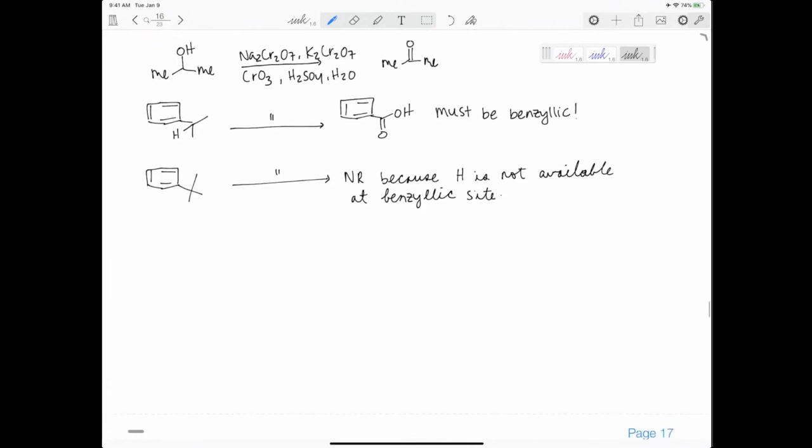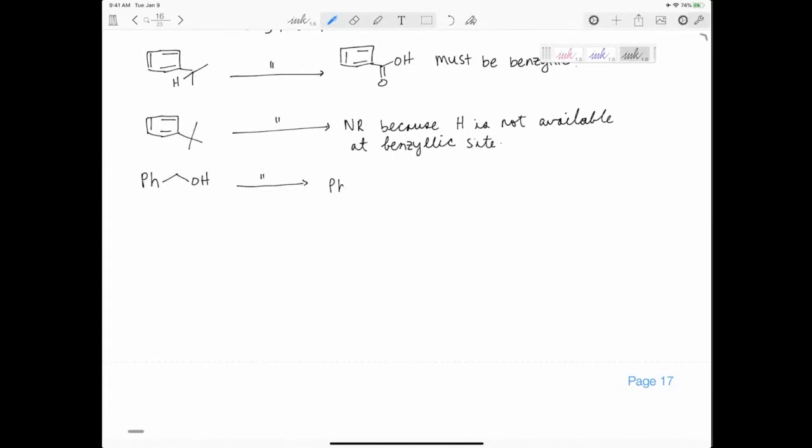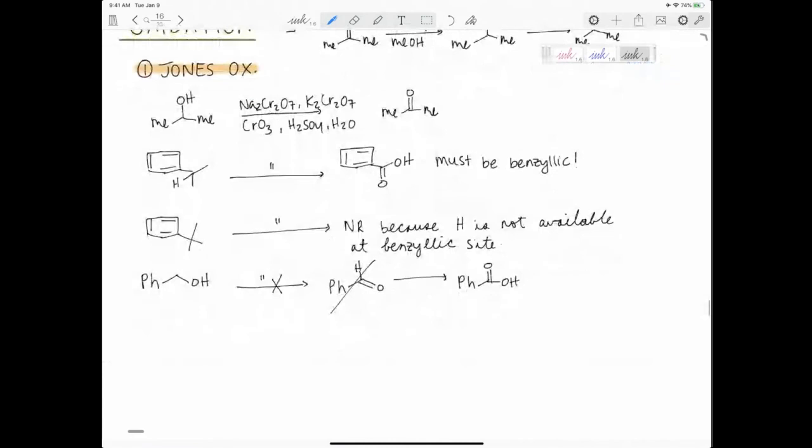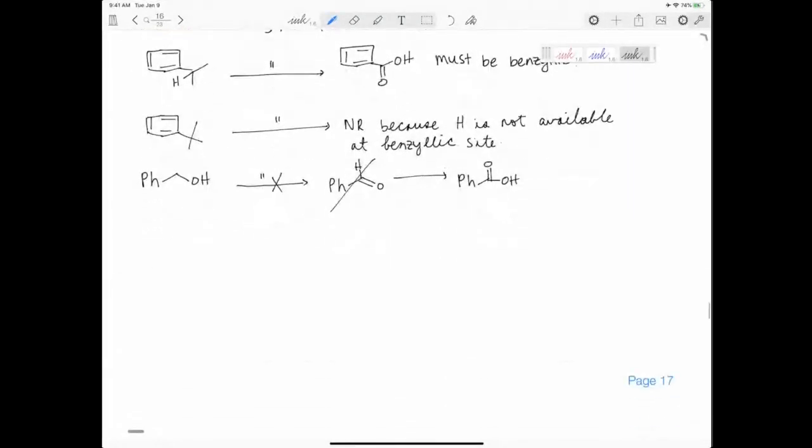If you had a primary alcohol, you might think, okay, I could oxidize it into an aldehyde, but that is not really the case. You don't really get the aldehyde. What happens is that you would get a carboxylic acid right away with Jones reagent. The reason this happens is because Jones reagent is harsh.